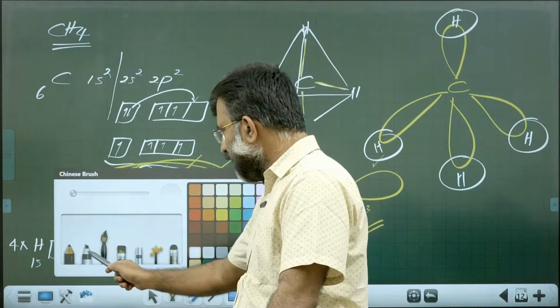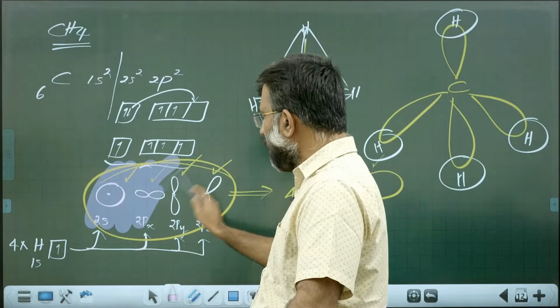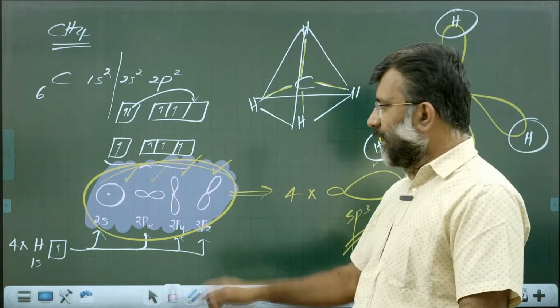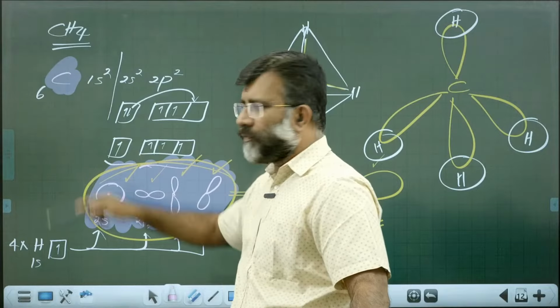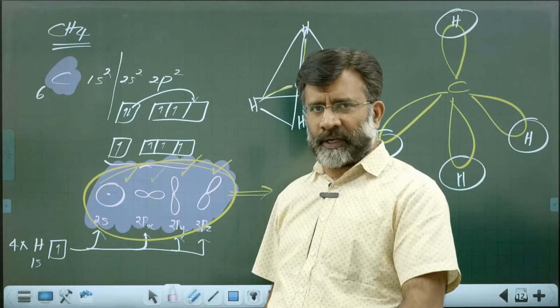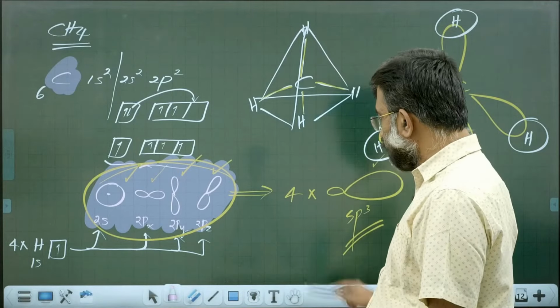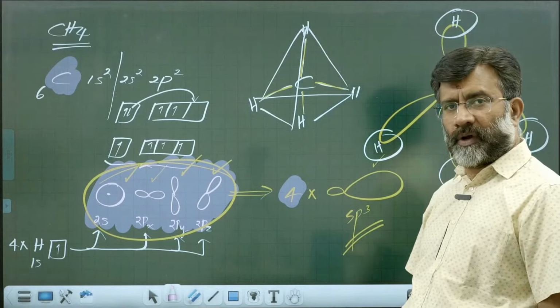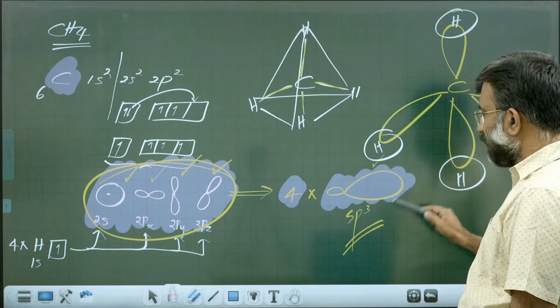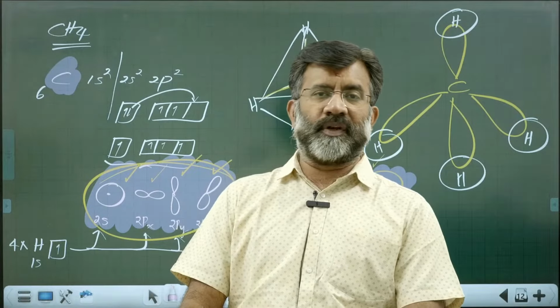Hybridization is intermixing of atomic orbitals in a central atom of a covalent molecule, having slightly different energy and shape, to give an equivalent number of new orbitals, which have identical shape and energy and are directed around the central atom, giving a definite geometry to the molecule.